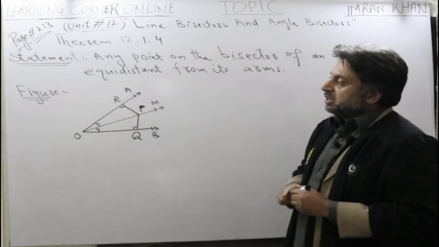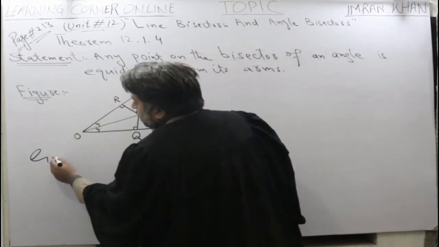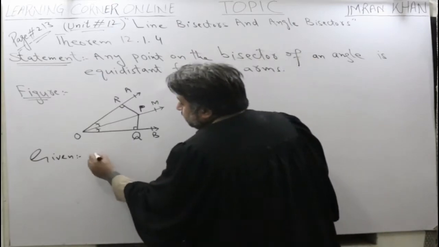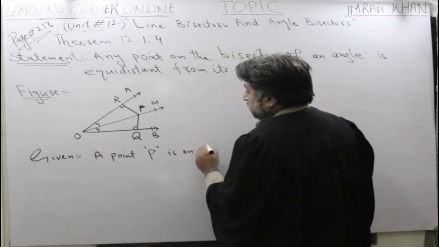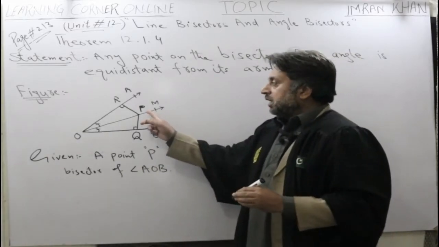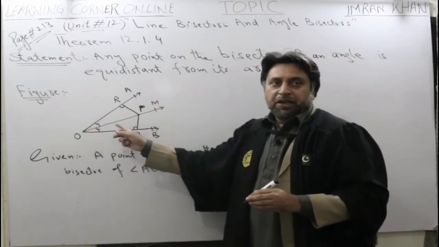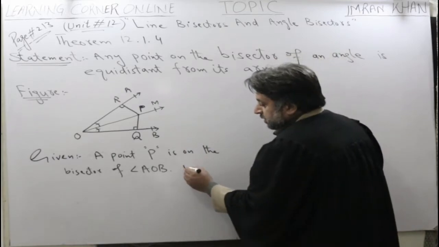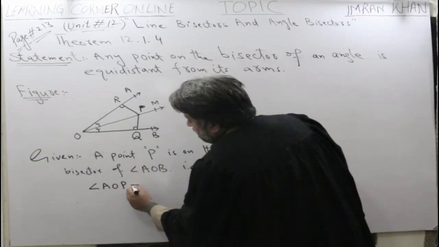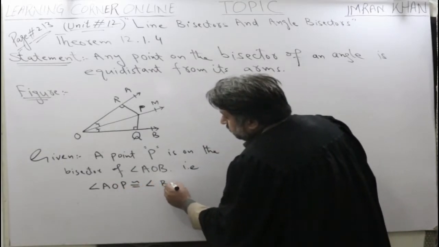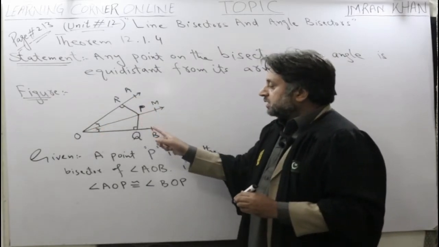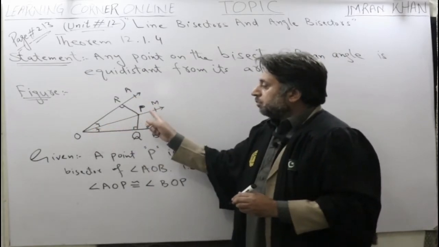Our third element is given. A point P is on the bisector of angle AOB. It means that angle AOP is congruent to angle BOP.